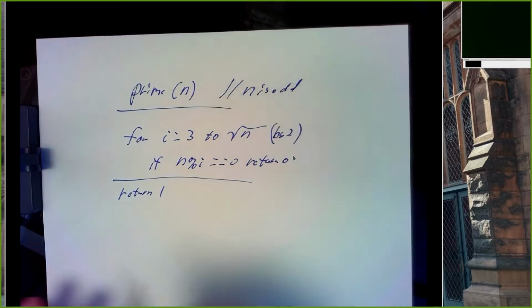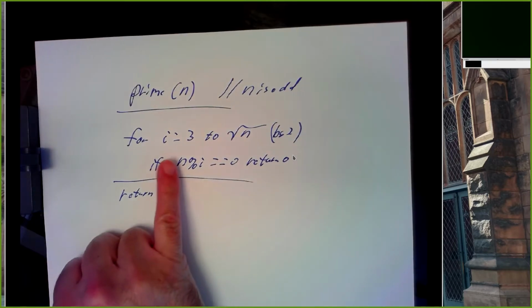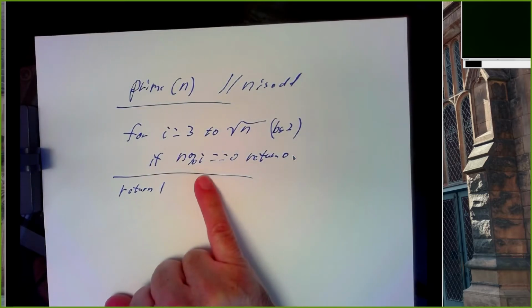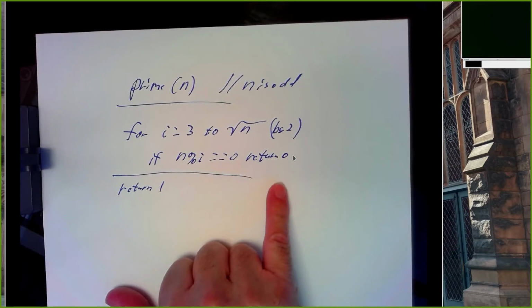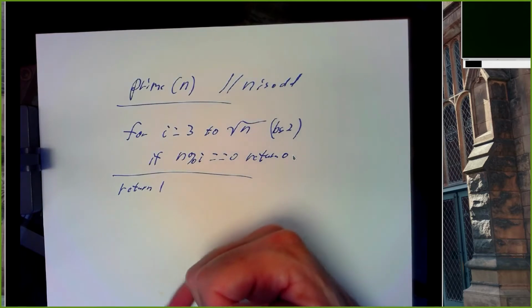This only works if n is odd. So if n is an odd number, I can start with 3, I can go up to and including the square root of n by 2's, and see if n is divisible by I. If it is, I can stop right there and say it's not prime. If I get all the way through this and I didn't return, then I know it is prime, so I can return a 1.